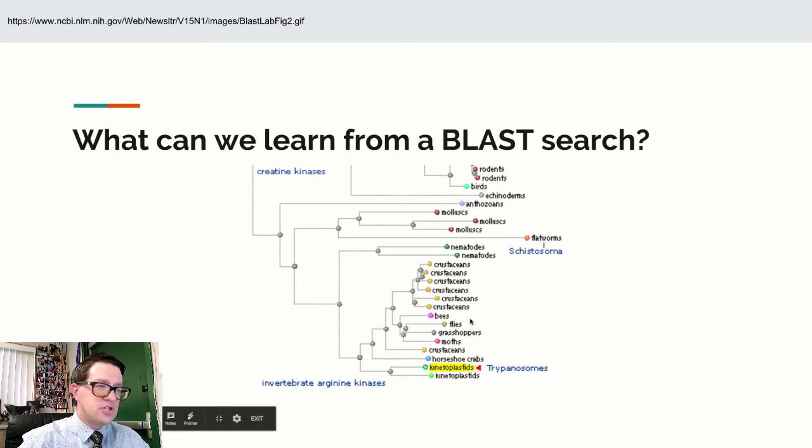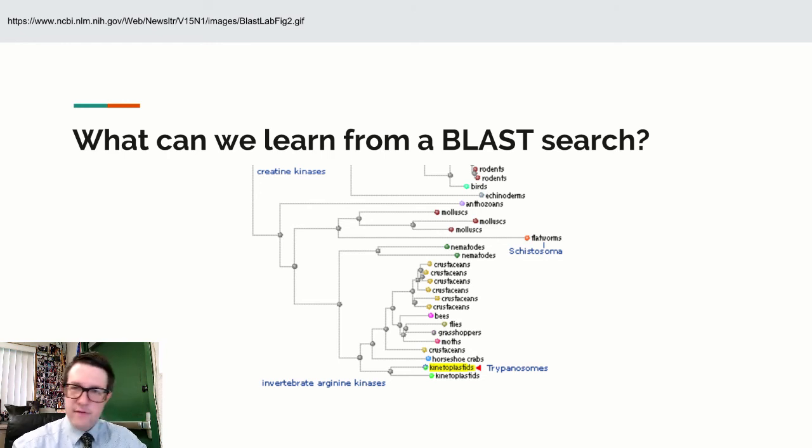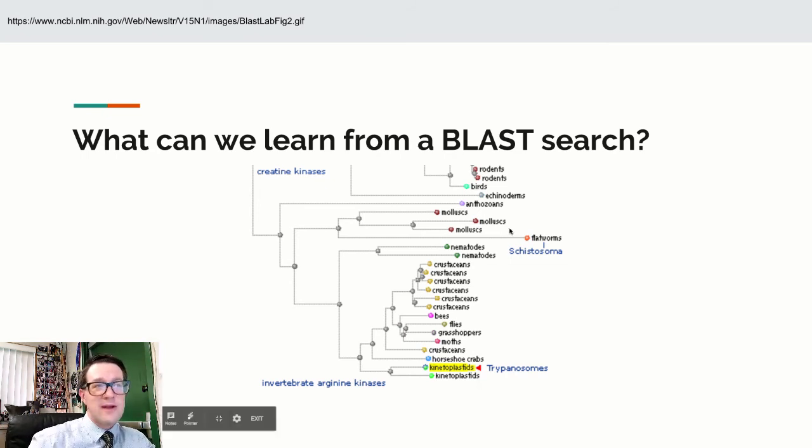So the crustaceans, bees, flies, grasshoppers, moths, horseshoe crabs, and the kinetoplastids, so trypanosomes, which are protozoans that cause some weird African diseases. So if I look at just those organisms, they have something in common. And they would have more in common than the birds and rodents way up at the top, because they're in a separate group.